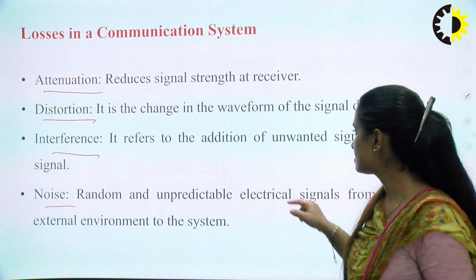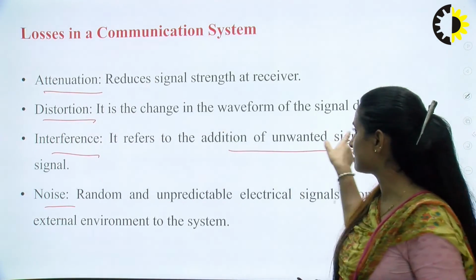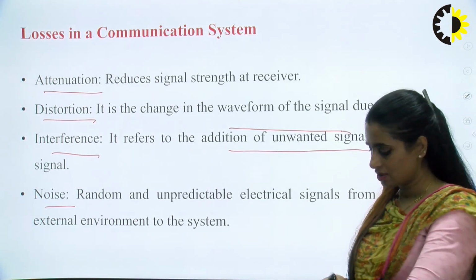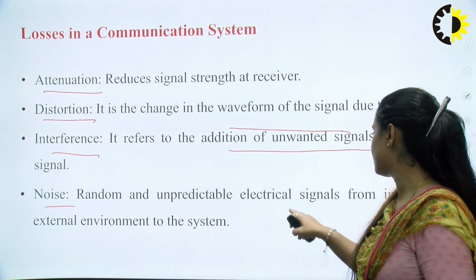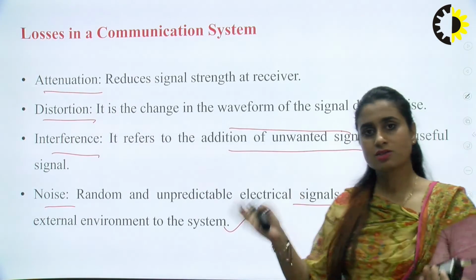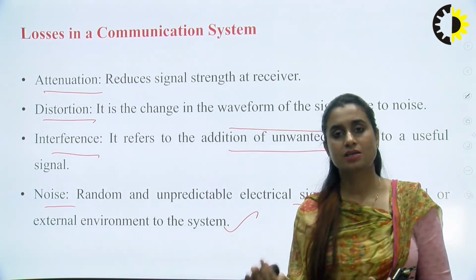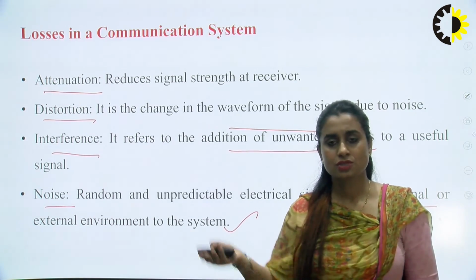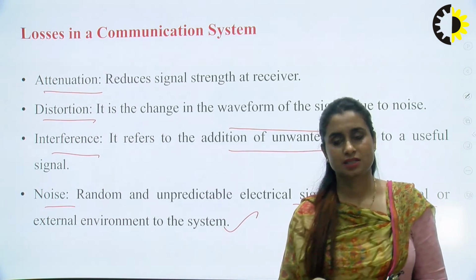What is interference? Addition of unwanted signal. That is again because of noise, right? And what is noise? It is random and unpredictable electrical signals from internal or external environment. Even thunderstorms are an example of noise. Eddy currents produced within the system are an example of noise, right? So these are the kinds of losses that we face in a communication system.